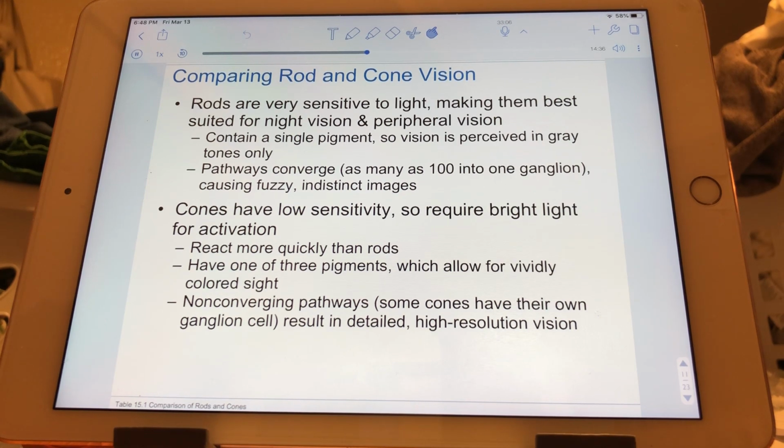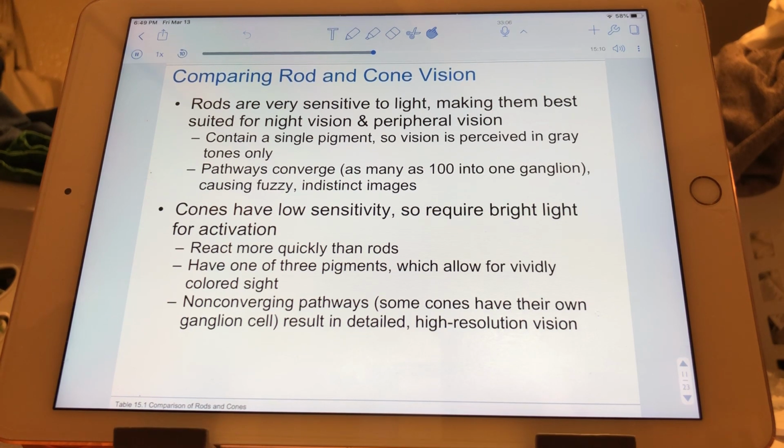Each one can have one of 3 different flavors of photopigments. So cones come in 3 flavors, 3 different photopigments. And it's those 3 different photopigments and sort of their overlap and blend that actually generate tons and tons of different colors for us, or at least generate the perception of tons of different colors, okay?